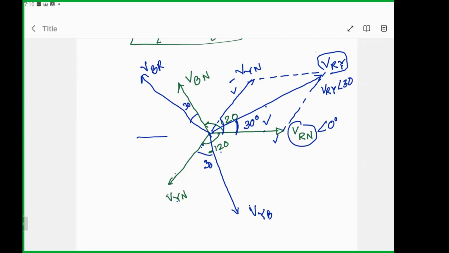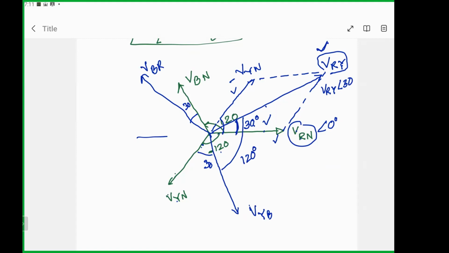So this is the line voltage, and this will be the phase voltage. So the line voltage and the phase voltage are separated by 30 degrees. And from one phase to another phase is 120 degrees, similar to one line to another line. This is also 120 degrees. So from here to here, it is 120 degrees. Okay, is this clear?